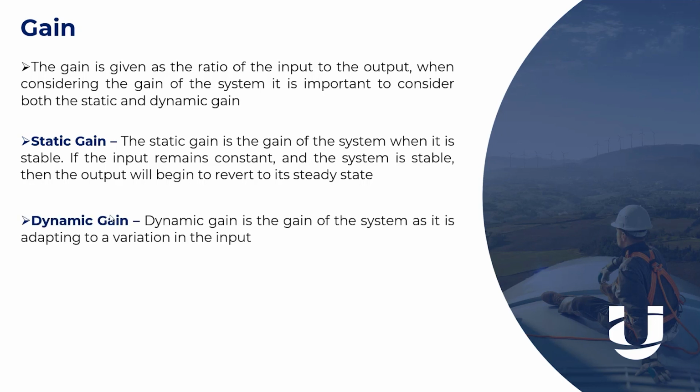Now the dynamic gain is slightly different. This is adapting to the variations of the input. You can sort of say with this part of it, this is where the feedbacks will come into it.